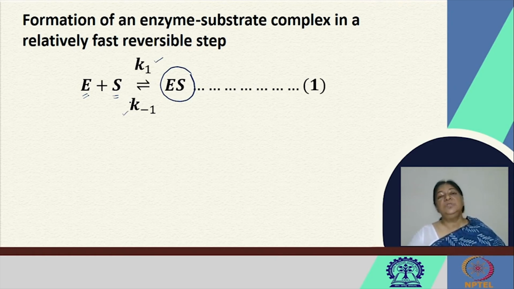This is similar to the protein ligand binding studies that we considered in a previous module, where we looked at the ligand binding to the protein with a forward rate constant and a reverse rate constant, which would amount to the dissociation, in this case, of the enzyme substrate complex to form the enzyme and the substrate again.